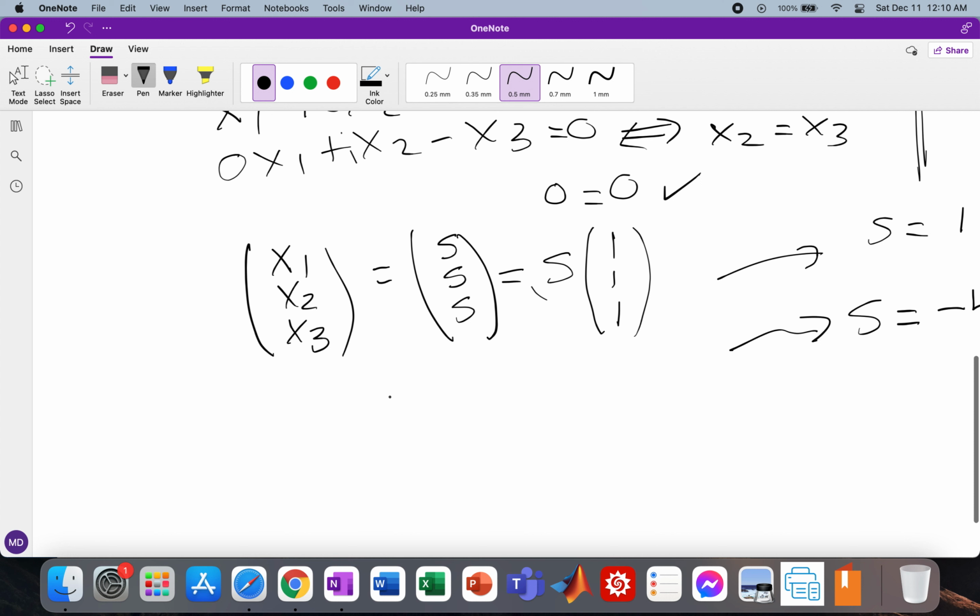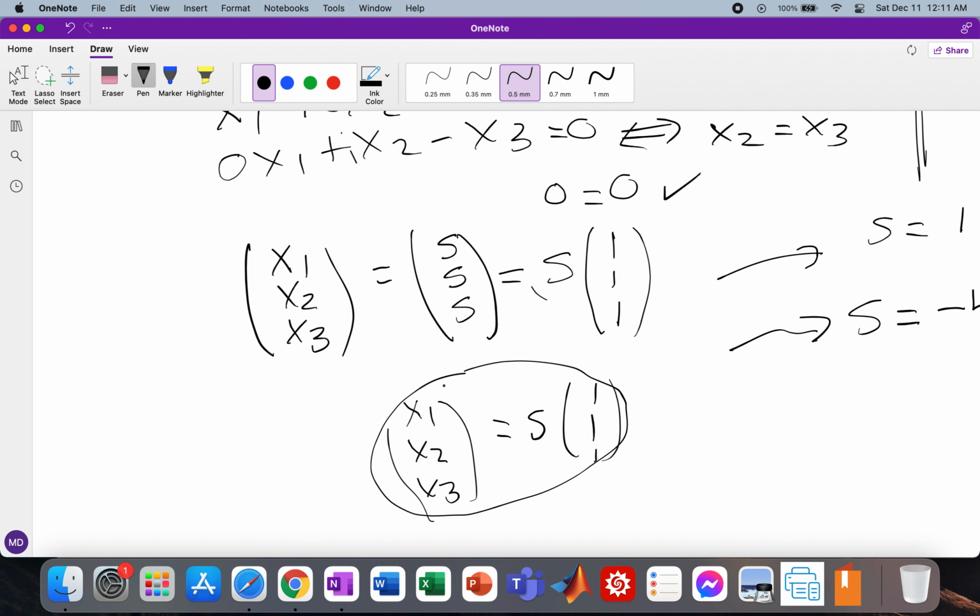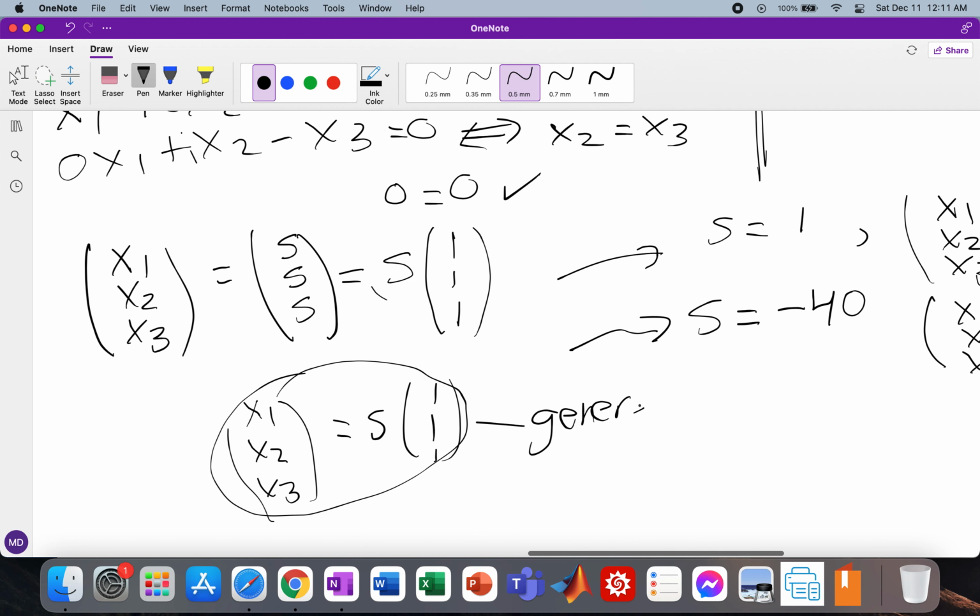So what this form here says is x1, x2, x3, the solution vector, equals s times 1, 1, 1. This is what we call our general solution to Ax equals 0.